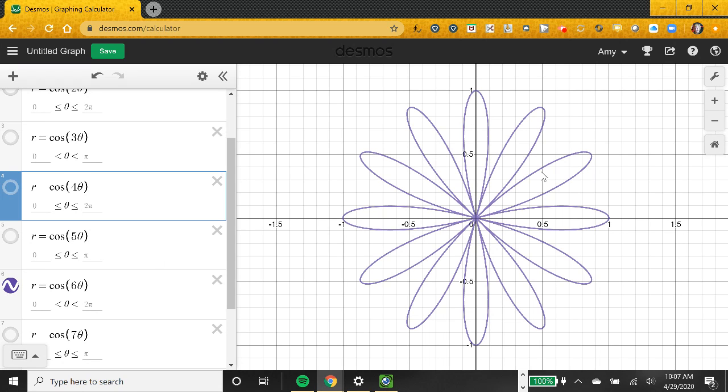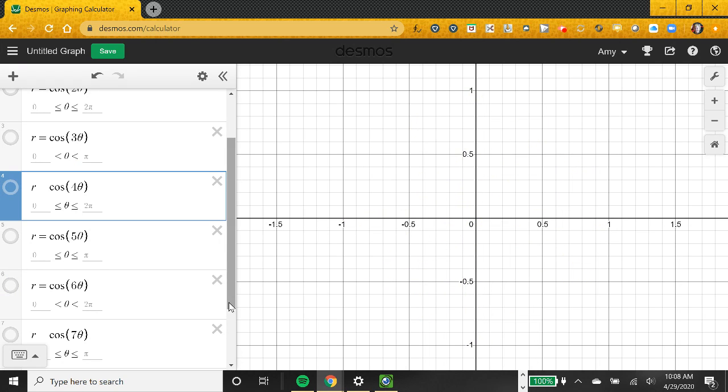Let's see. 1, 2, 3, 4, 5, 6, 7, 8, 9, 10, 11, 12 petals. And you were right back there in the back. So it appears as though we can predict the number of petals our rose curve will have based on the period factor in here.